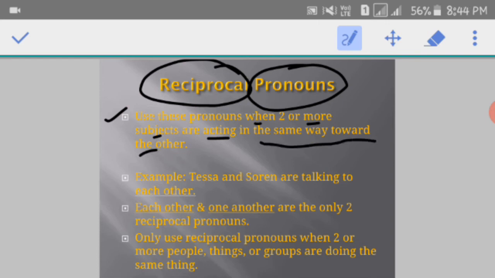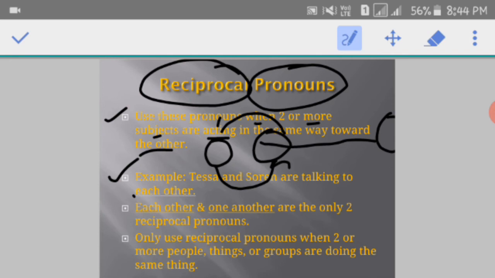Next is the reciprocal pronoun. What are reciprocal pronouns? Use these pronouns when two or more subjects are acting in the same way towards one another. Example: Tessa and Soren are talking to each other. Like, this is Tessa, this is the second person, so this one is talking to that one and that one is talking to this one.